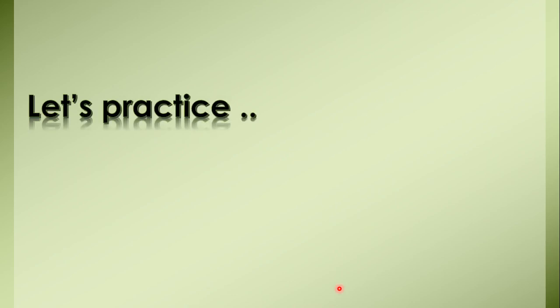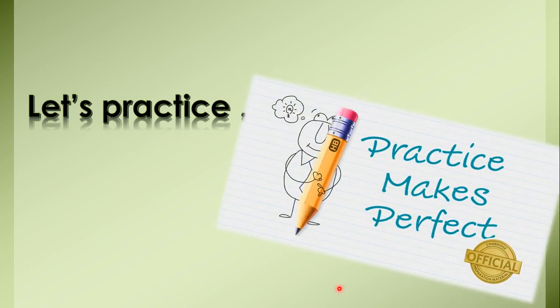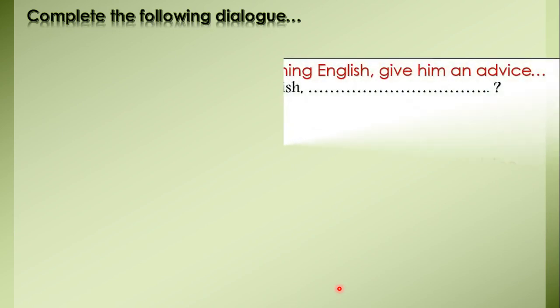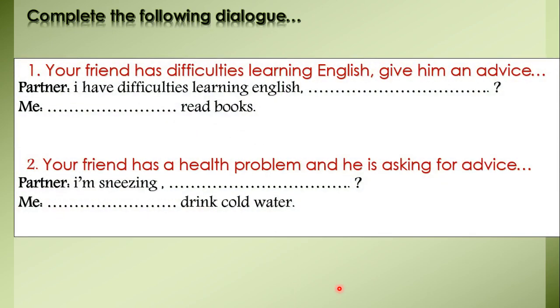Okay, dear student, let's move to the practice. Practice makes perfect. So, dear student, here we have: complete the following dialogue. Here we have a dialogue between me and my partner.